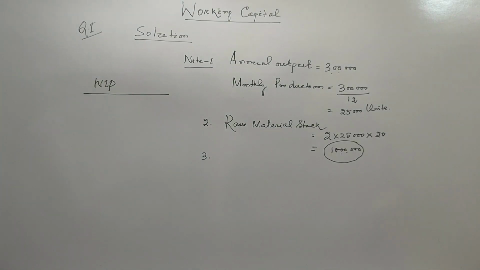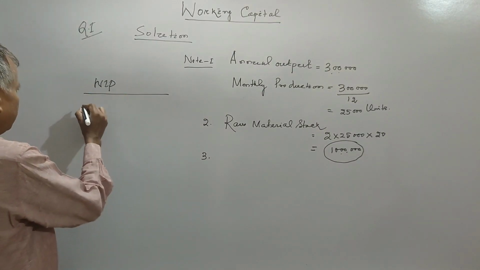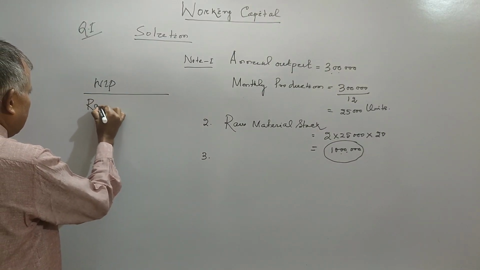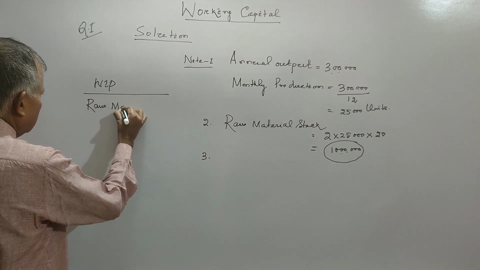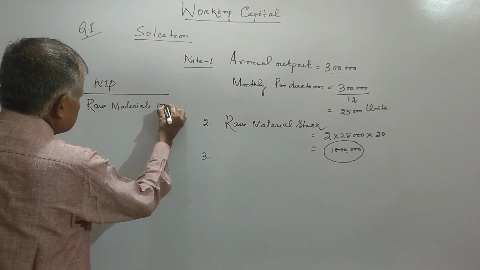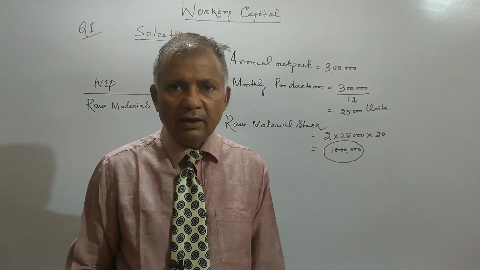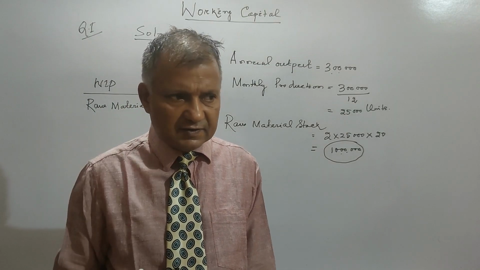Work in progress, unless otherwise stated in the problem, we have to take raw materials 100%. That means full supply of raw material in work in progress.